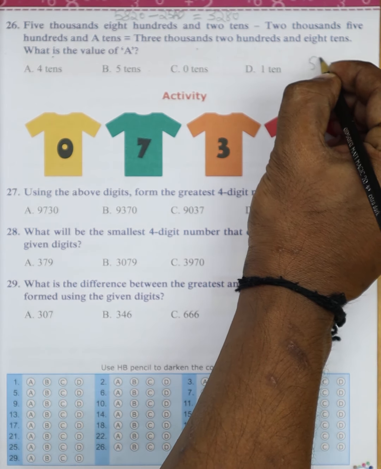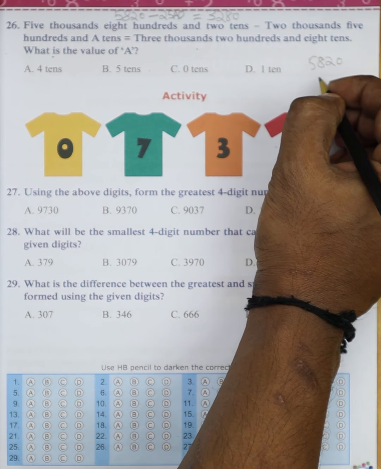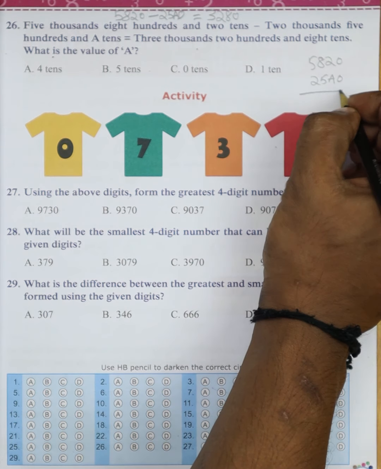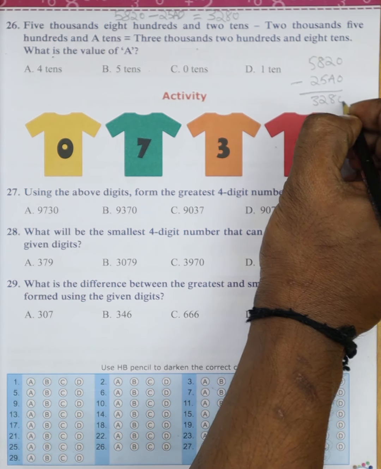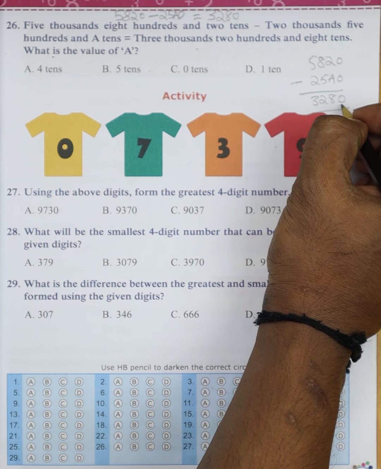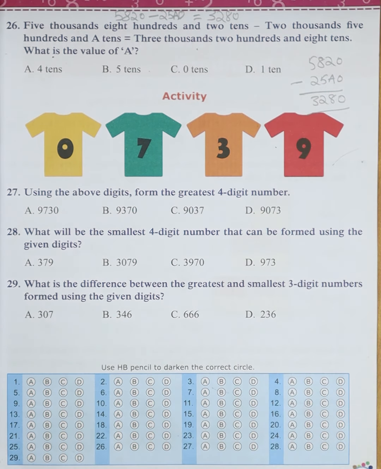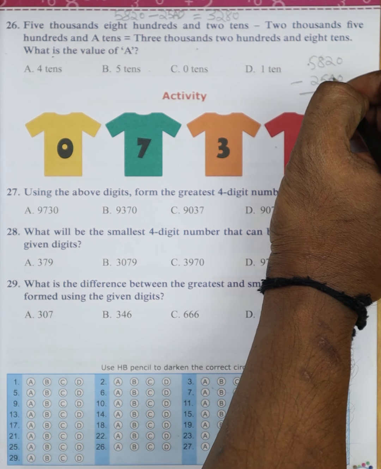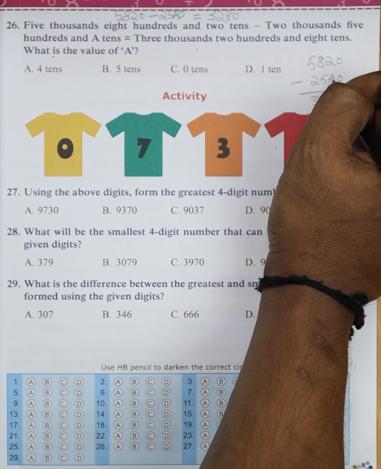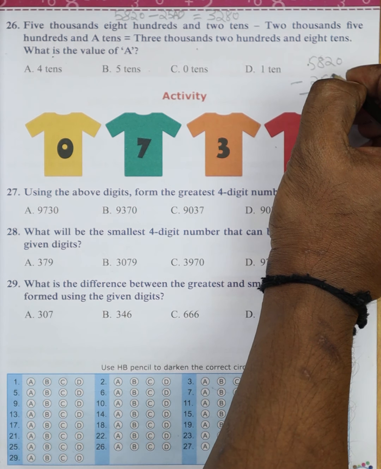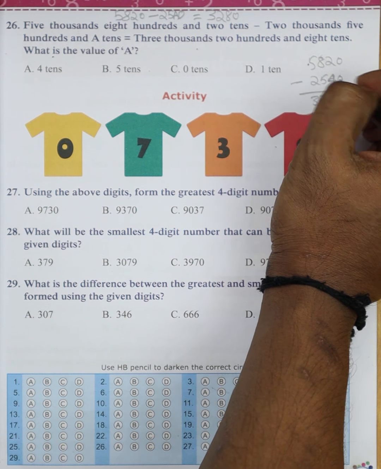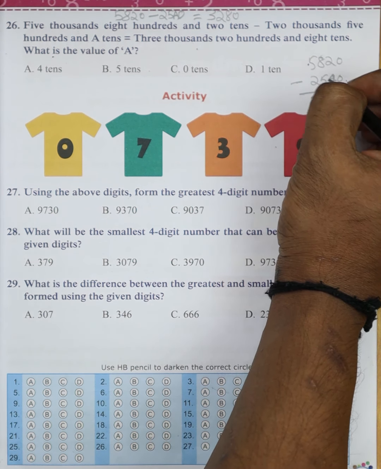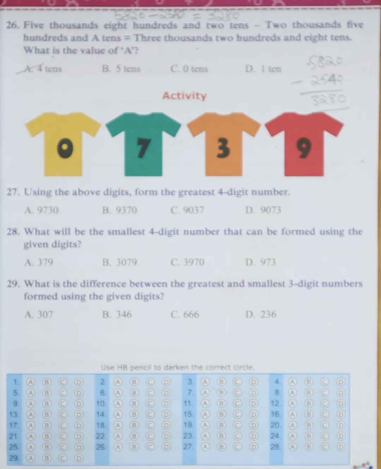So 5820 minus 25A0, we will be getting 3280, right? So 0 minus 0 is 0, and if we carry a number here, it should be 12. 12 minus A equals 8. So this should be 4 because 12 minus 4 is 8, and 7 minus 5 is 2, and 5 minus 2 is 3. So the answer is A, 4/10.